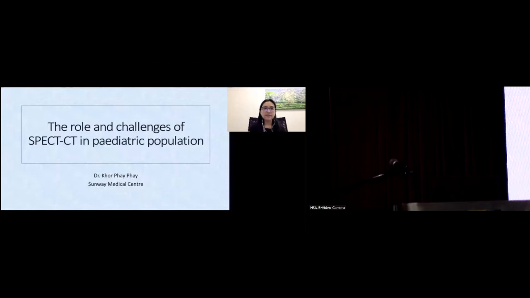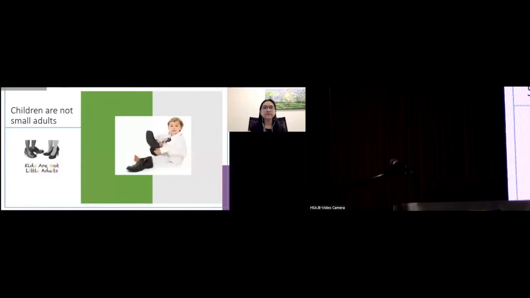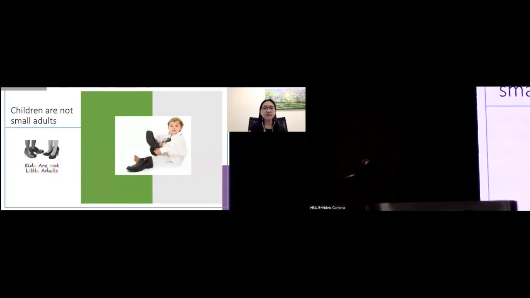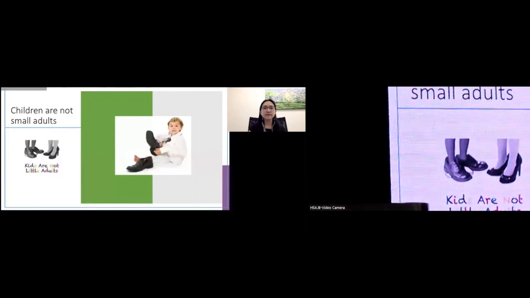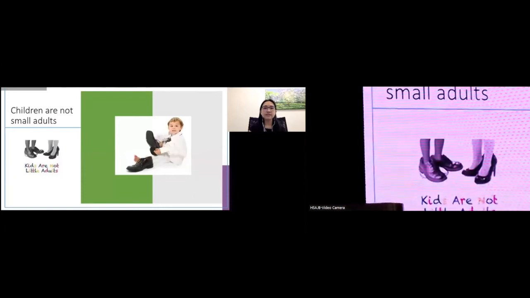The title of my presentation is The Role and Challenges of SPECT-CT in Pediatric Population. Pediatric nuclear medicine is unique in its own way, as it requires a tailored and innovative approach dedicated for children in the aspects of study acquisition and in providing a children-friendly environment.